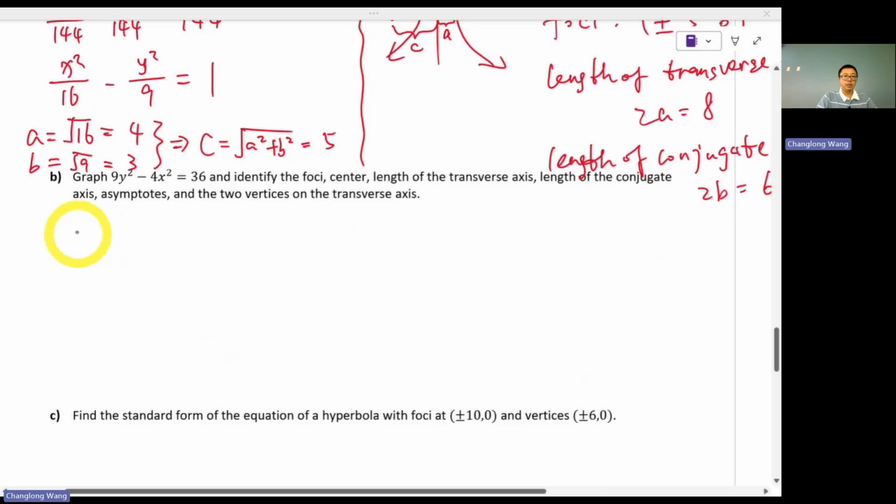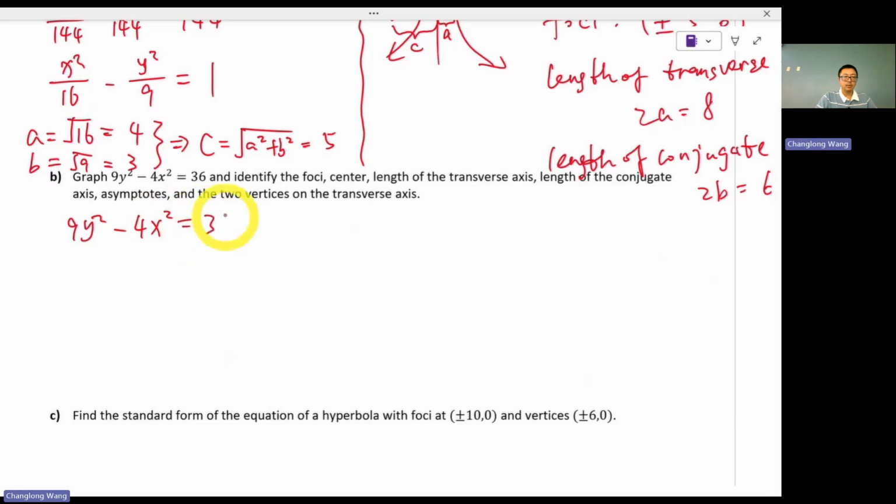Anyway, for letter B, it's the same thing as before when it comes to rewriting the equation. So divide out the constant 36. You're looking at y squared over 4 minus x squared over 9.